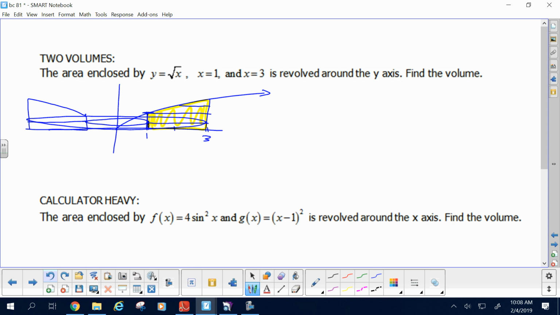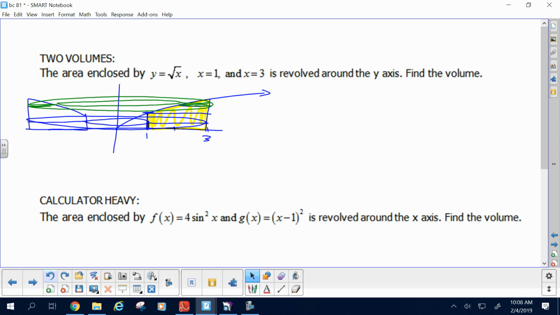In other words, it would look like a cylinder with no variation to it. But once you get to the top part, you're starting to get a wider and wider gap in the middle, so a bigger and bigger little r.